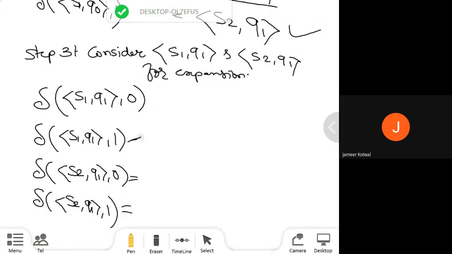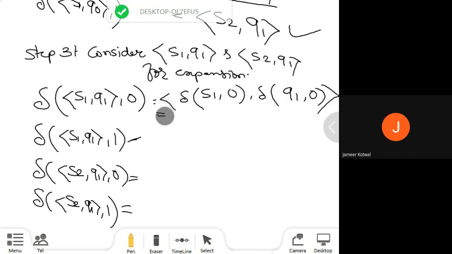You just expand it by deriving, that is transition of S1 by processing 0, transition of Q1 by processing 0, right? So what will be the output here? By processing this one, the output is S1 Q1.